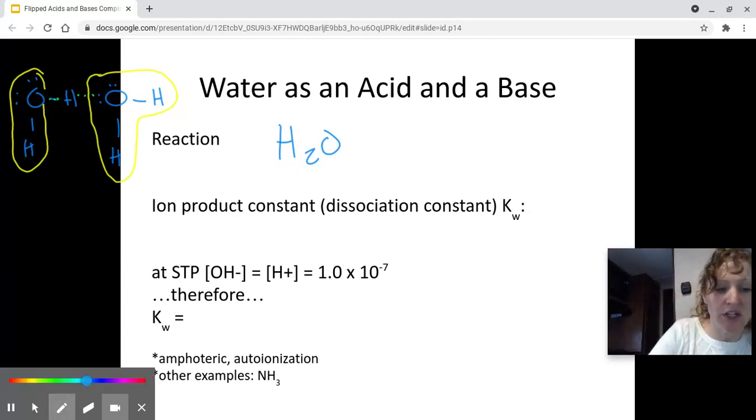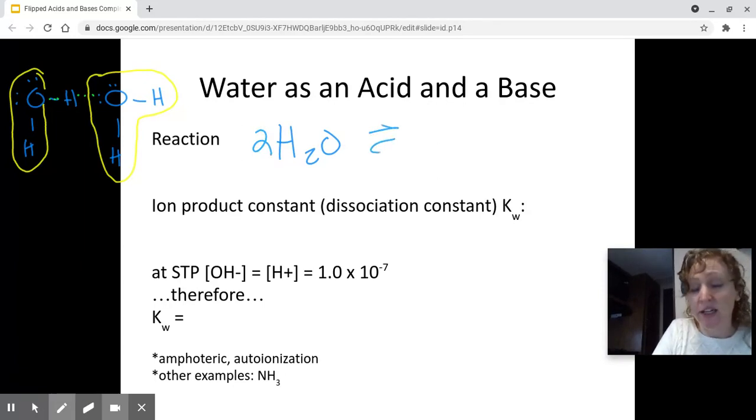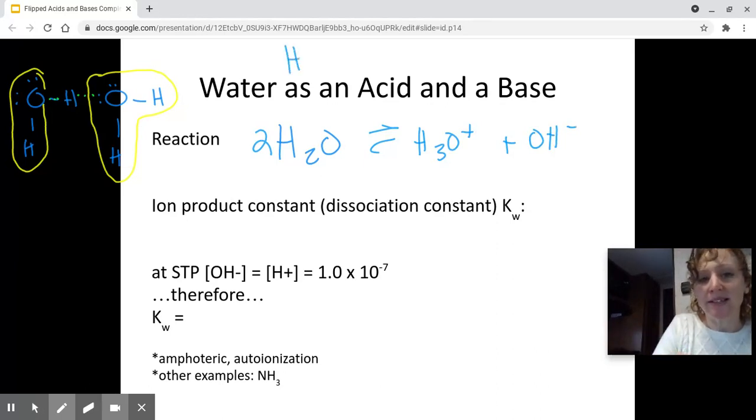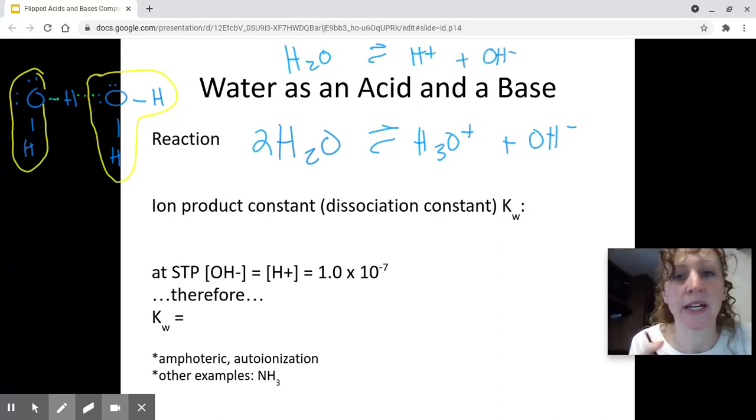So this reaction would look like two hydrogens, and if it goes forward, it would result in an H3O plus and an OH minus. Again, you can write this as a dissociation reaction, just as kind of a shorthand.